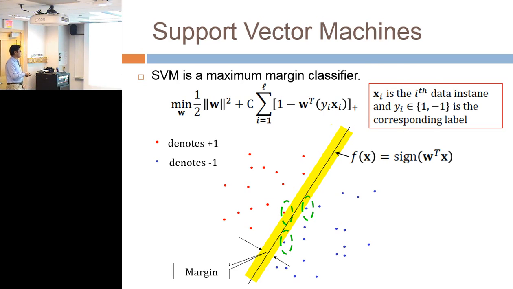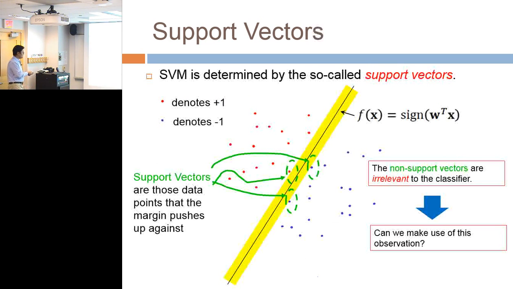One of the most appealing features of SVM is that it is determined by the so-called support vectors. And compared to the whole dataset, the number of support vectors might be very small. For example, in this toy example, only 3 data instances are the support vectors.